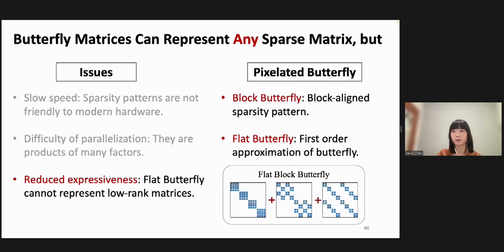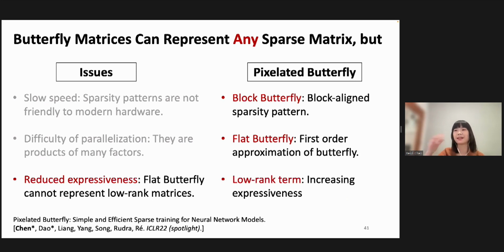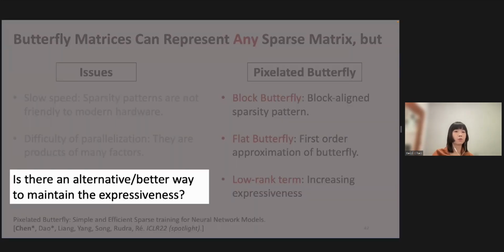Taking this first order approximation breaks nice properties of the original butterfly matrices, and it can no longer represent a lot of other matrices that it originally could. Luckily, to compensate for this reduced expressiveness, we already had this low rank term in the proposal, so you can fix this a little bit. But we want to understand whether there is a better alternative that still maintains the expressiveness of butterfly matrices but is efficient.